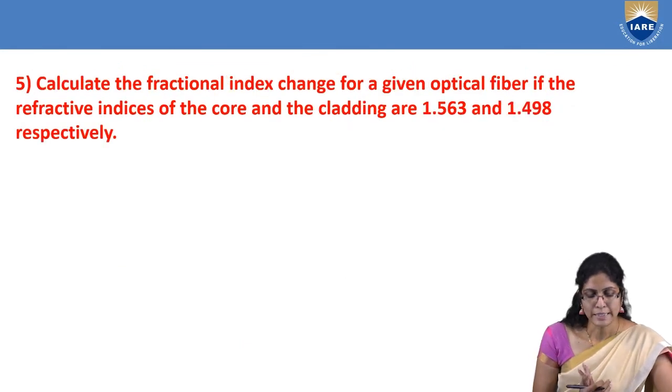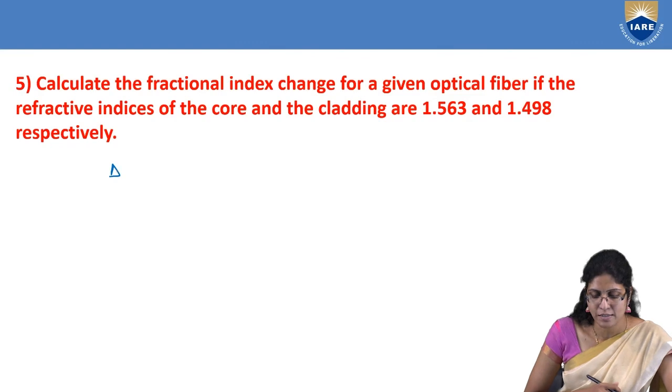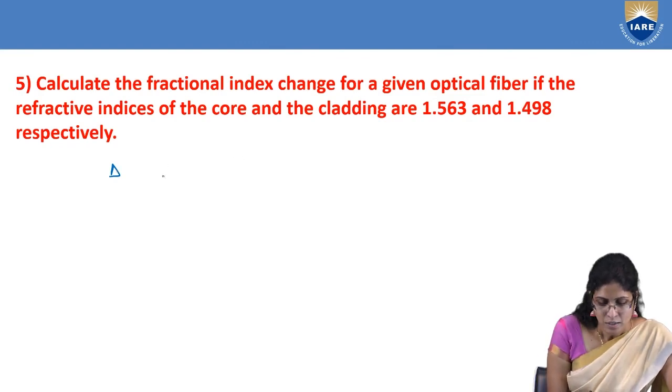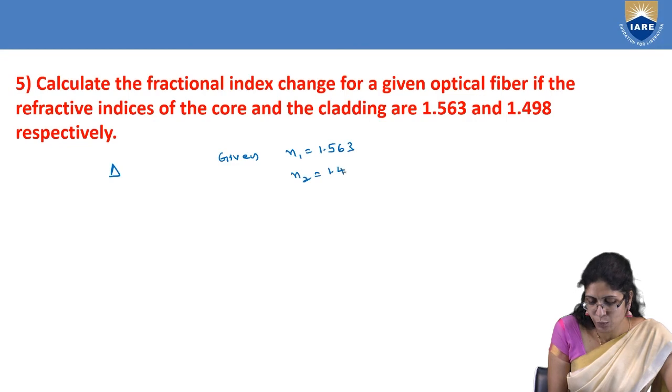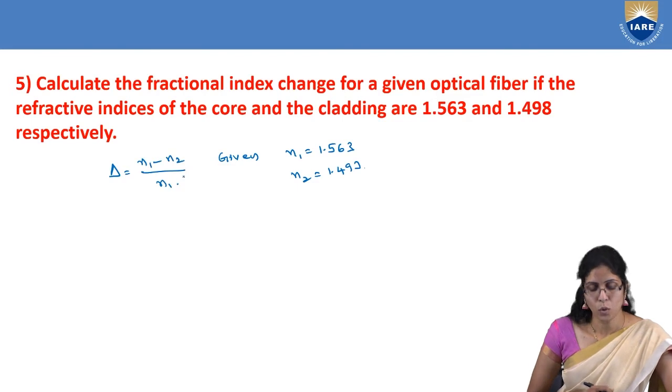Coming to the next problem, calculate the fractional index change, that is delta, for a given optical fiber. You need to find it if the refractive indices of the core and the cladding are given. Core N1 is equal to 1.563 and N2 is given as 1.493, and we know that the fractional refractive index change delta is the ratio of the change in the refractive indices to the refractive index of the core.